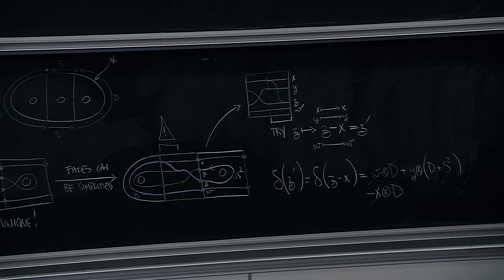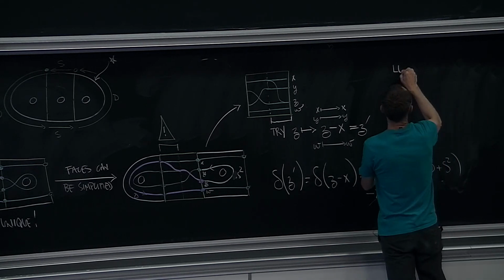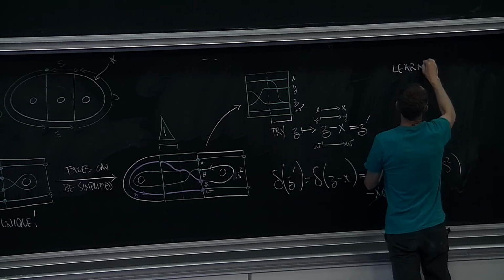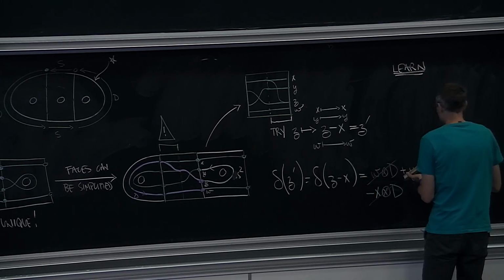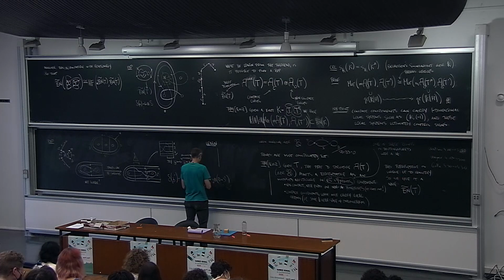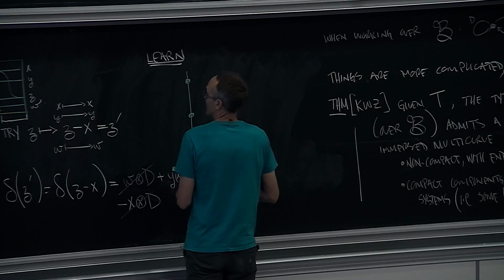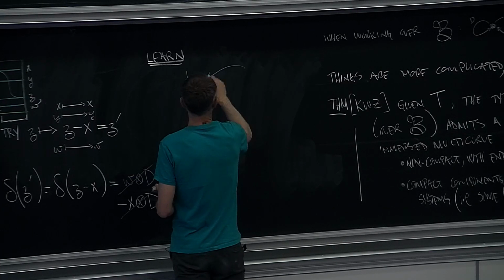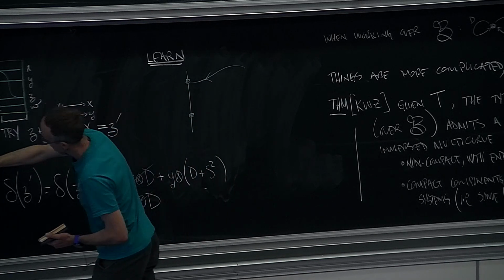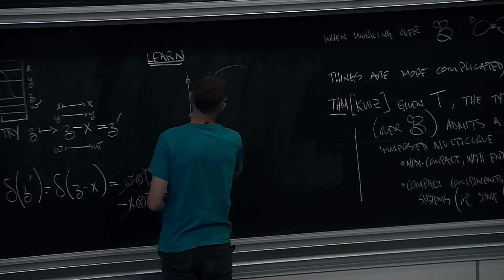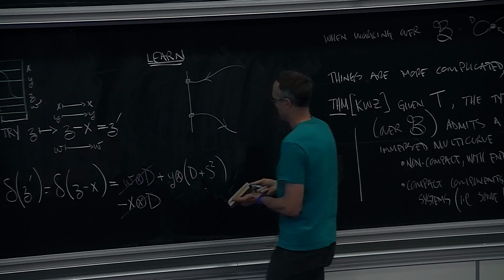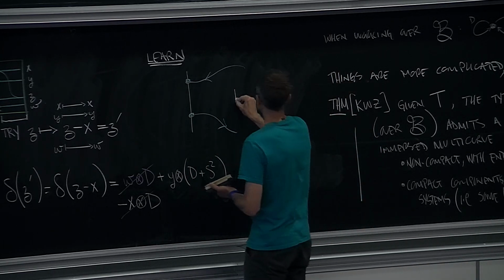So the slogan or the moral we learn is to arrive at the edge of this region, and you have a curve coming in and a curve that goes out. So this is sitting face.